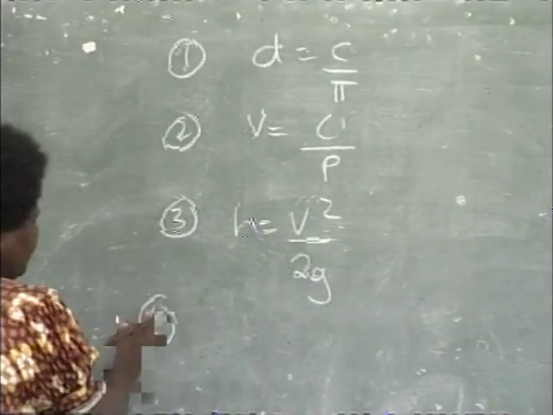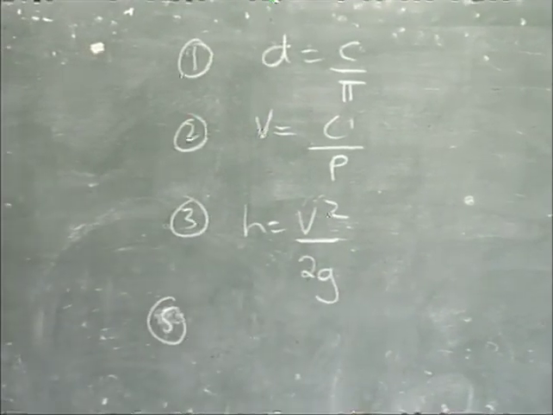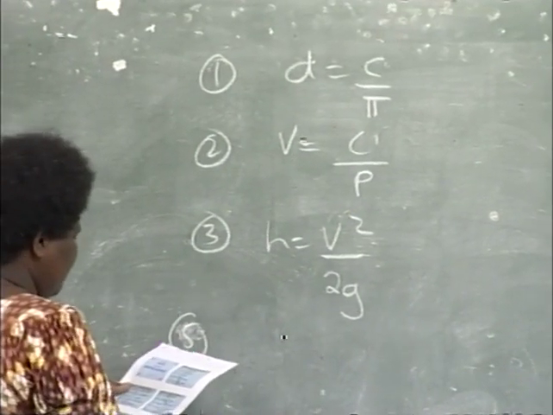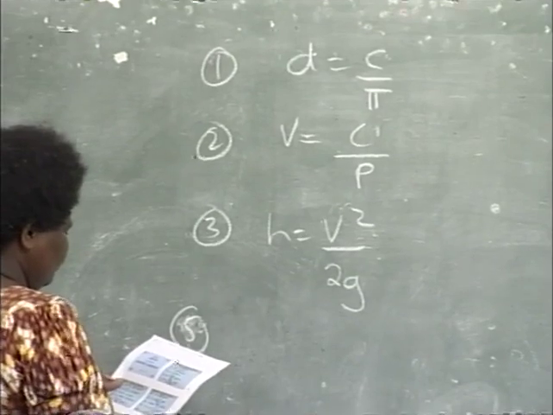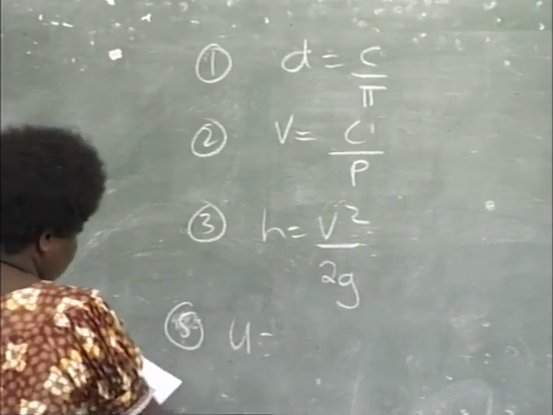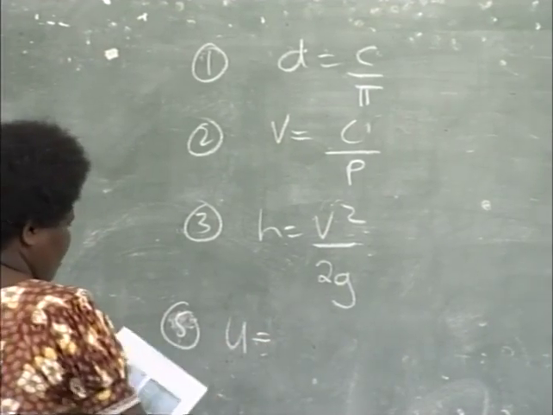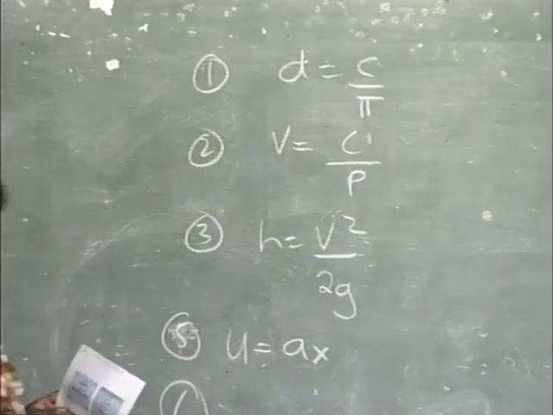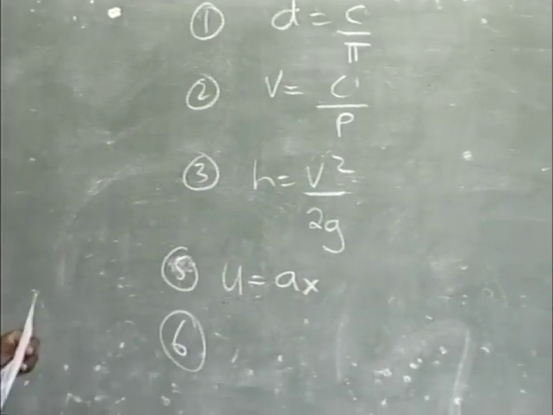Number 4. Number 5. A equals U over X, so U equals AX. Number 6, Kyle, stand up.